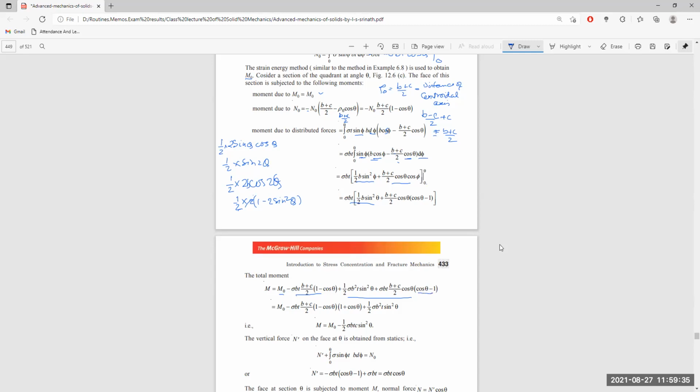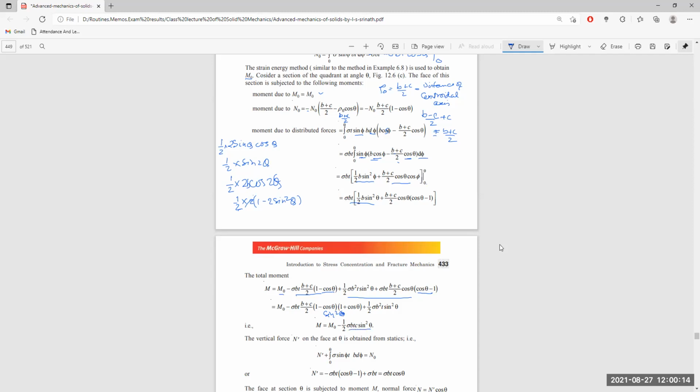So from here we are taking this common and this common, and thus we get 1 minus cos theta and 1 plus cos theta itself. And this thing remains the same, and this becomes 1 minus cos square theta, which is equal to sin square theta. If we simplify this a bit further, we will get M0, half sigma b t c, b t into c sin square theta itself.